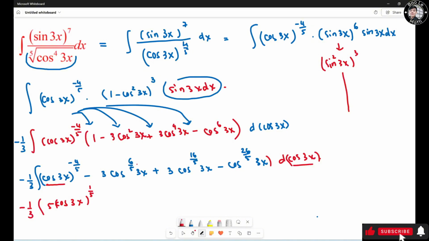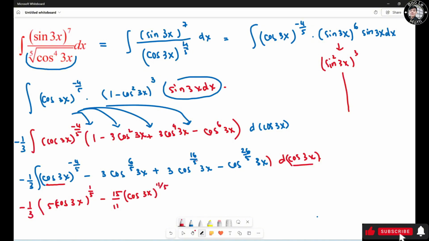This one, if I add 1, it's going to be 11 over 5. So when you divide by 11 over 5, it's going to be 5 over 11. So 5 times 3 is going to be 15, so minus 15 over 11 cosine of 3s raised to the 11 over 5.